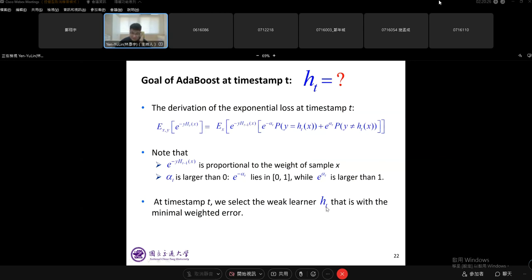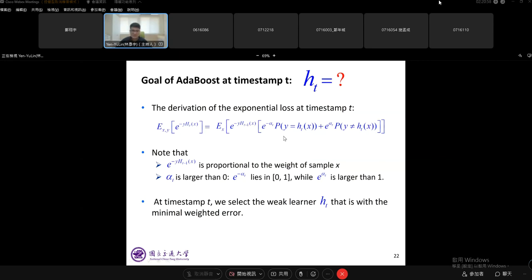So at timestamp t, we select the weak learner h_t with the minimal weighted error. This selection is intuitive. More importantly, it has its own theoretical support: if we select a weak learner that minimizes the weighted error, it minimizes the corresponding objective, the exponential loss.